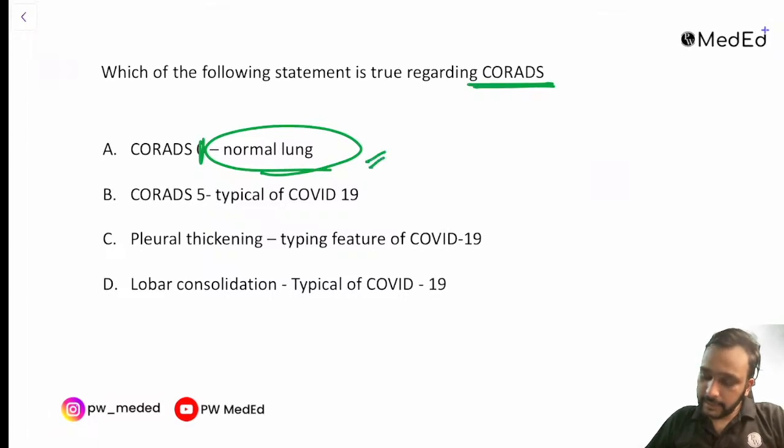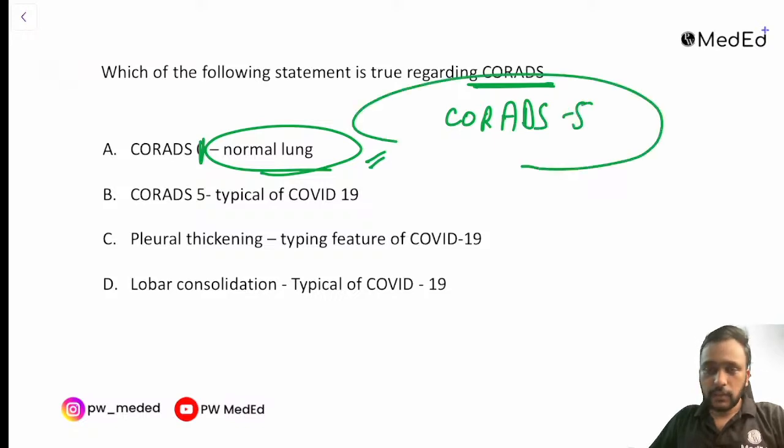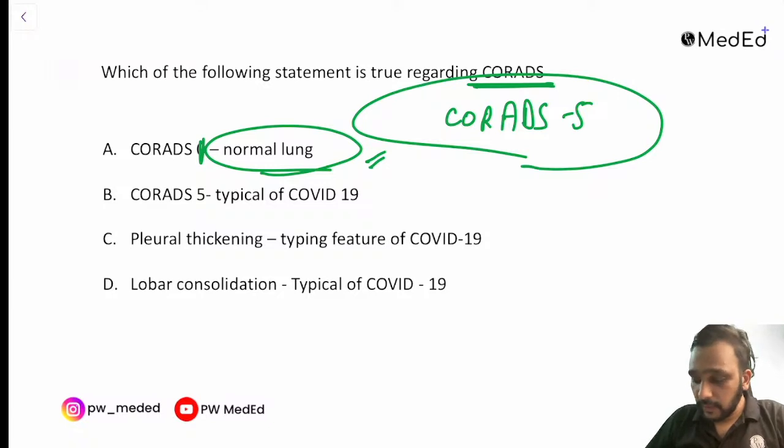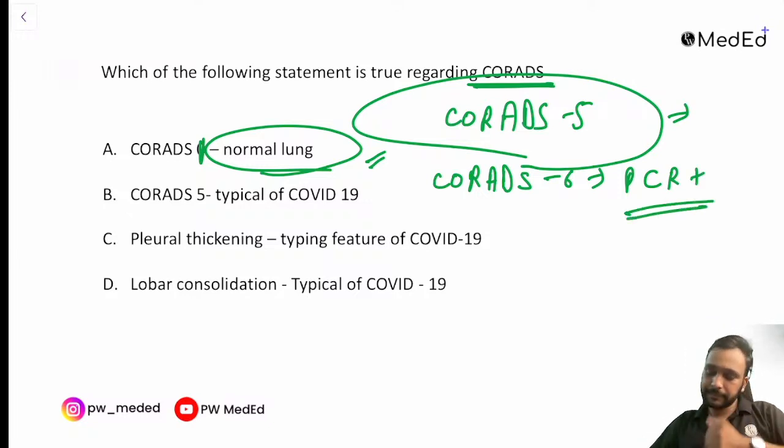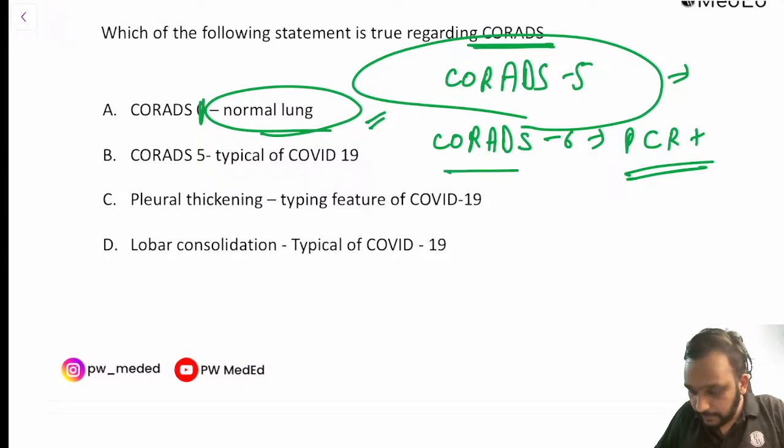Then another important point: CO-RADS 5 will have features which are typical of COVID-19 infection. And what is CO-RADS 6? CO-RADS 6 is PCR-positive COVID-19 infection, right?